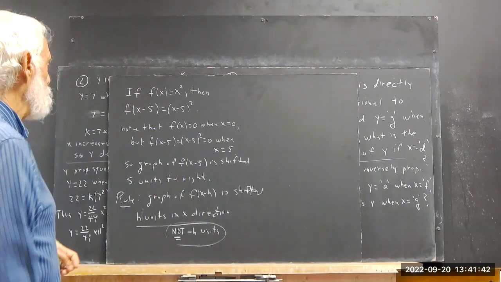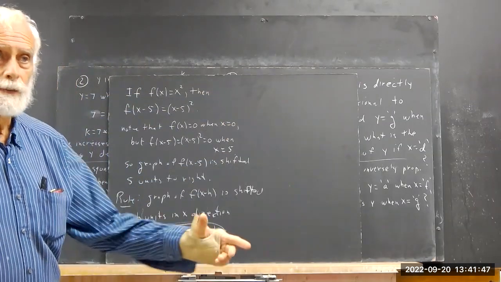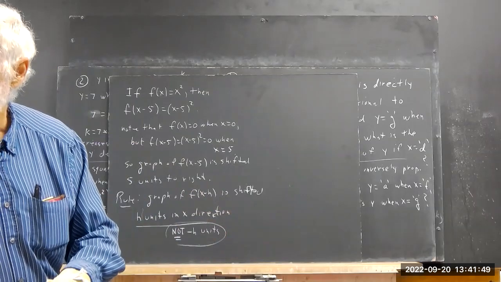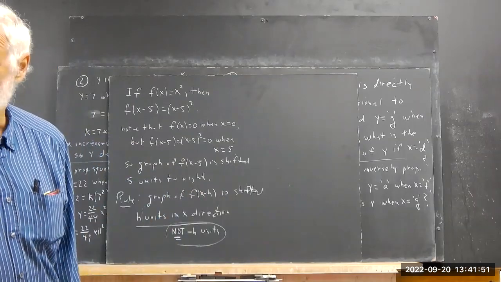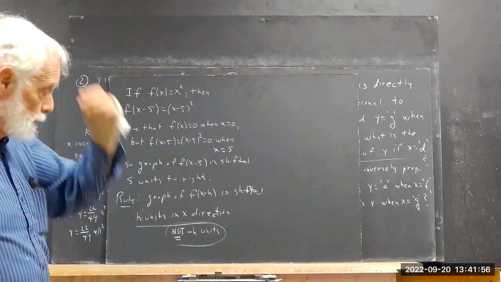And of course, with the graph of f of x plus 5, well, then to get 0, x would have to be negative 5. That's just a graph 5 units to the left. That shows you why, at least that point shifts 5 units to the left.